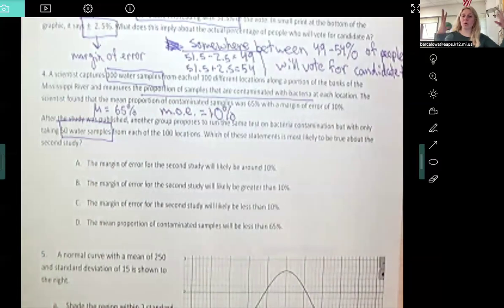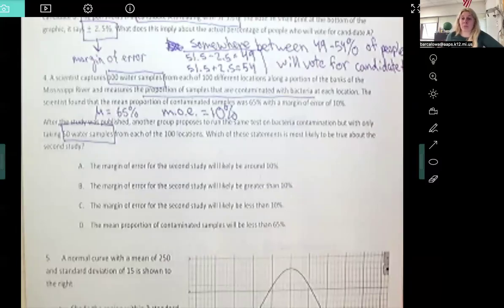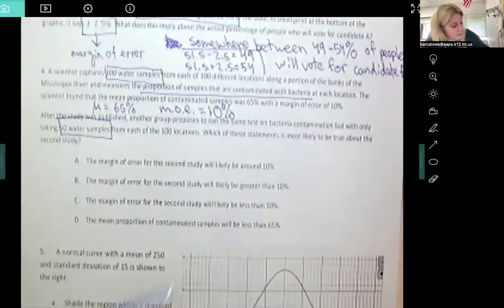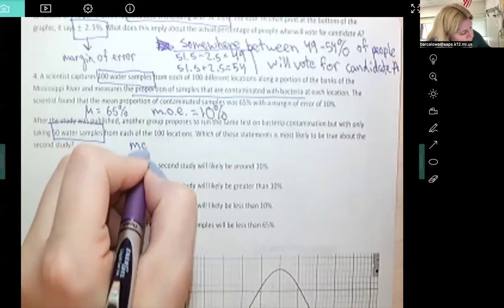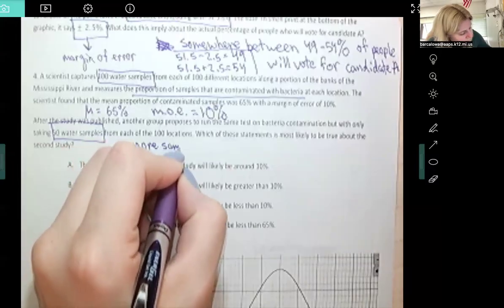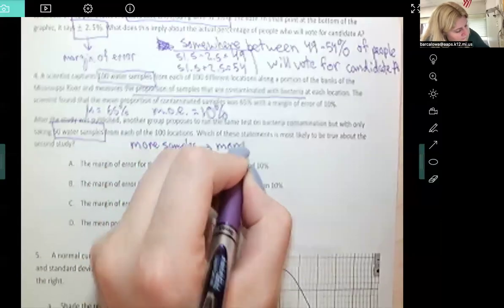Okay, the more data you gather, the more accurate it will be. Do you agree? The more data you gather, the more accurate. The more accurate your data, the smaller the margin of error. Okay, so I'm going to write that down. More samples, more accurate.